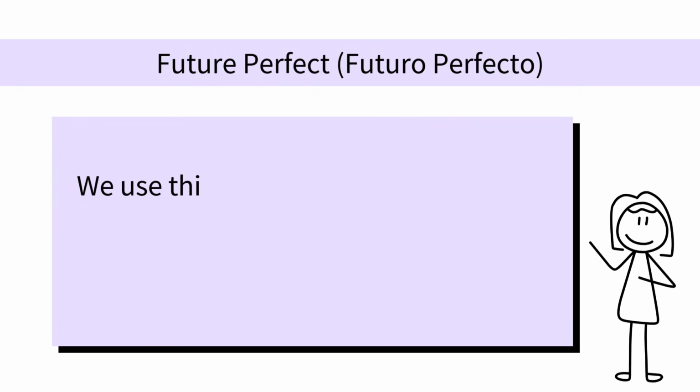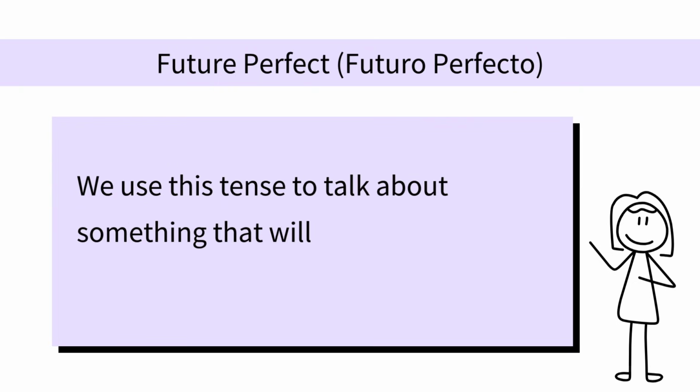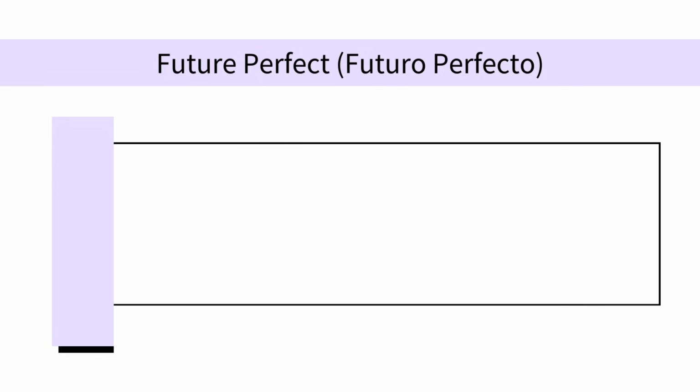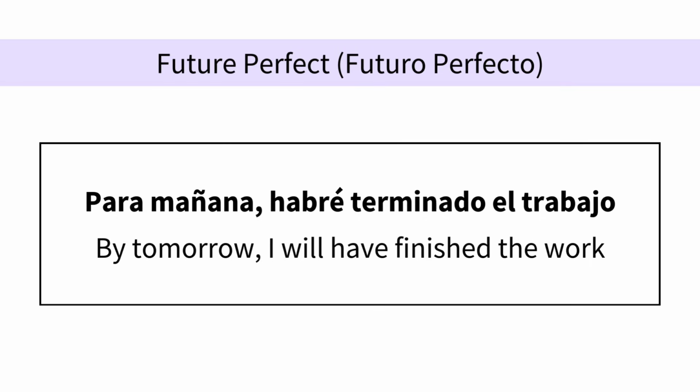We use the future perfect tense to talk about something that will have happened by a specific point in the future. For example, para mañana habré terminado el trabajo. By tomorrow I will have finished the work.